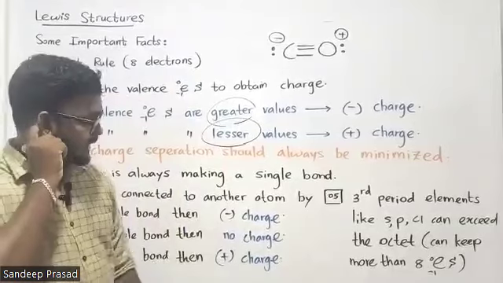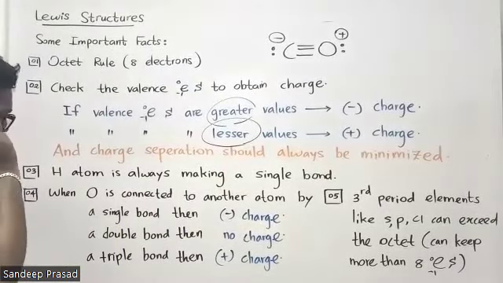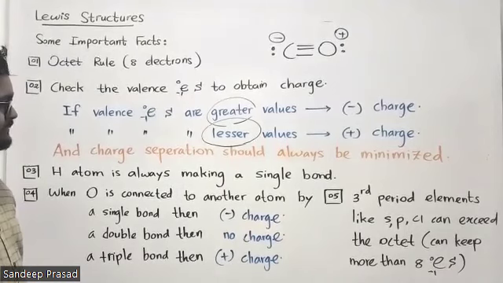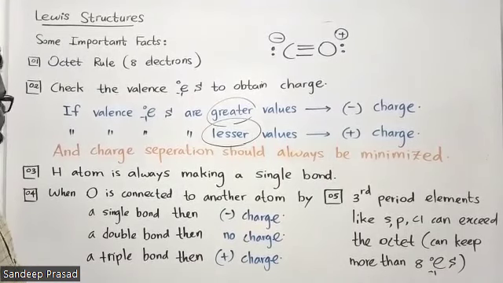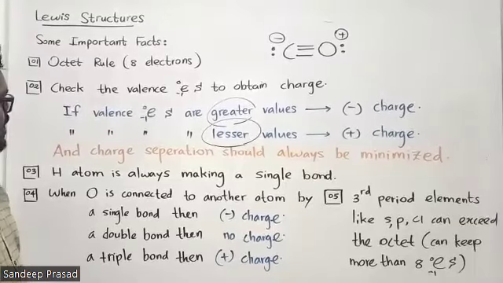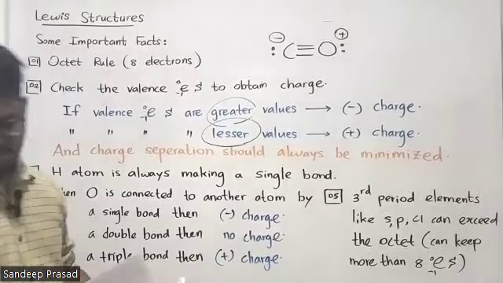So as a summary, you have to remember these things before we go for drawing Lewis structures. If you want to add anything here, you can add it. No need to write these things down. Let's quickly go for the exercise.